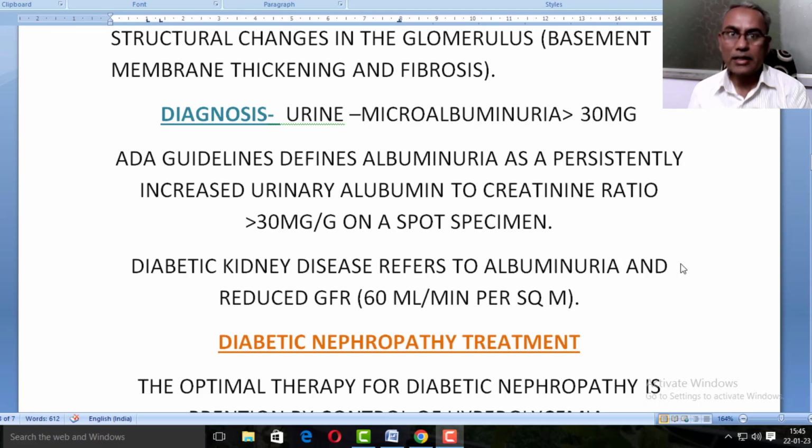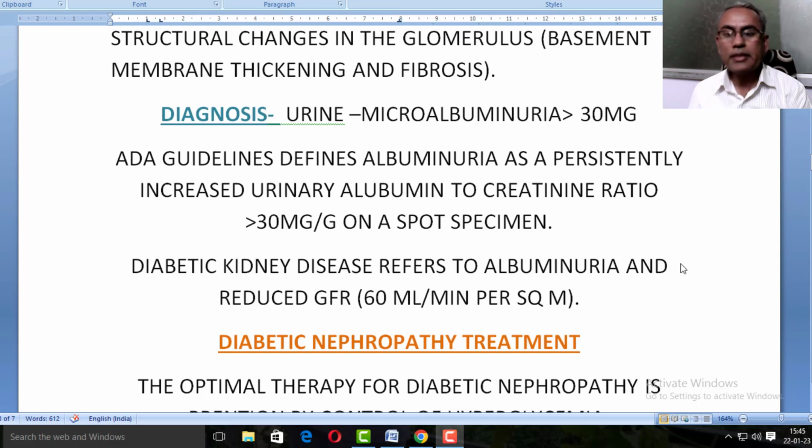Now, American Diabetes Association guidelines define albuminuria as persistently increased urinary albumin to creatinine ratio more than 30 milligram per gram on a spot specimen, labeled as diabetic nephropathy.